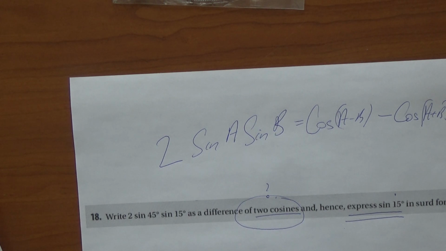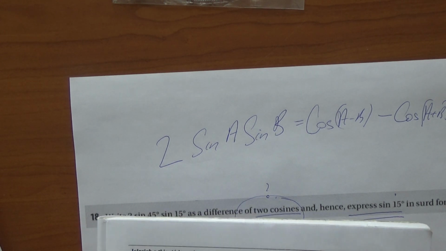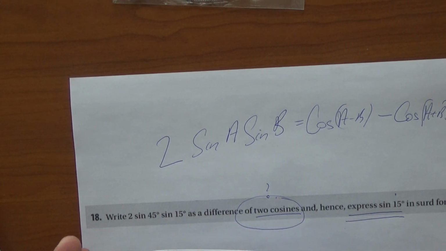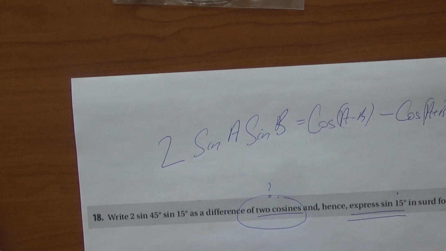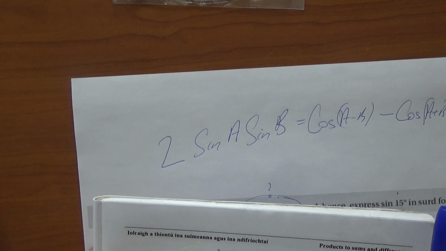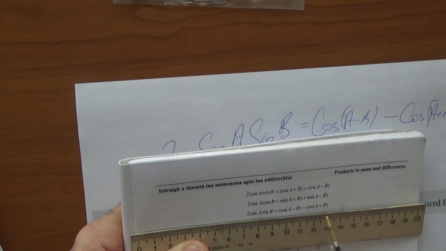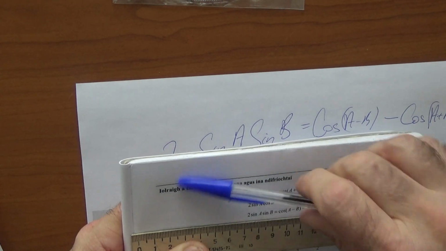Okay, so what I was saying there is be extra careful about writing out the formula again. So as you're working along here, be extra careful and make sure you know where you're at.